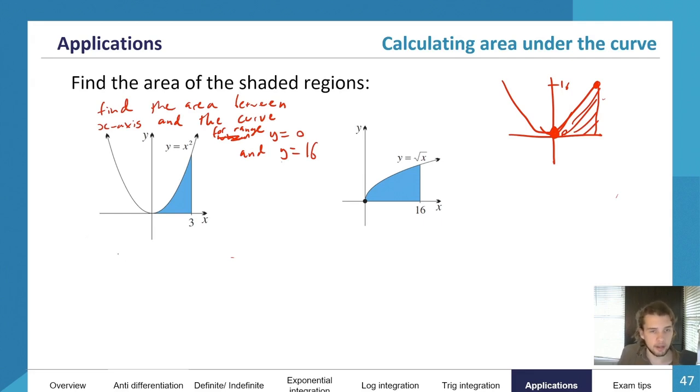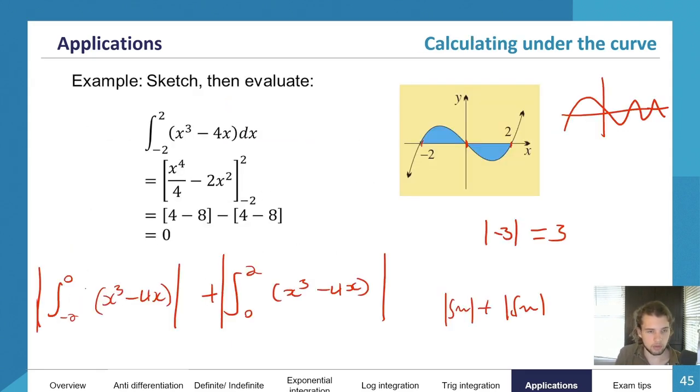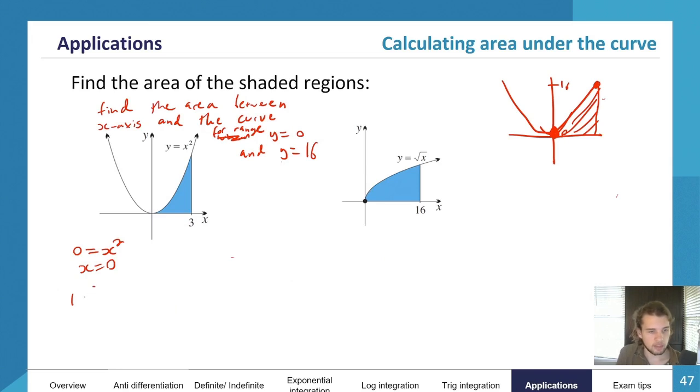So then we just have to convert. We have to say, okay, what are the x values when y is equal to 0 and y is equal to 16? So we say 0 equals x squared. That means x is equal to 0 in that scenario. So one of our values is x is equal to 0. And now for the other, we have 16 as y, so 16 is equal to x squared.